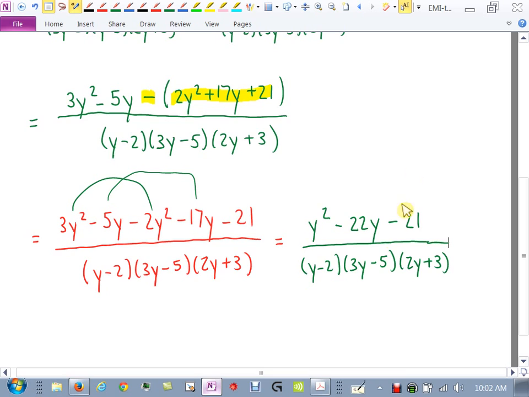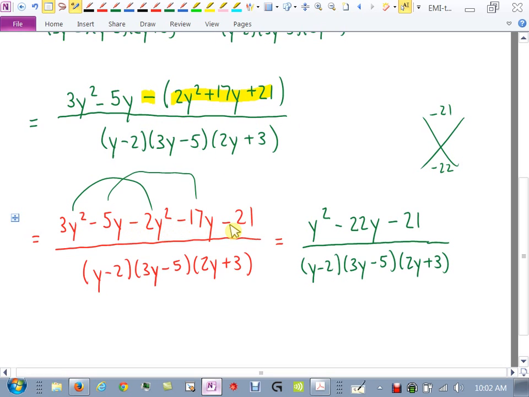Now, our only hope for making this any cleaner is to see if perhaps this would factor. Because maybe it factors and cancels with one of these, right? So let's see if we can factor this, negative 21 and negative 22. And that's not going to happen. Question? Minus, minus, minus, yes?